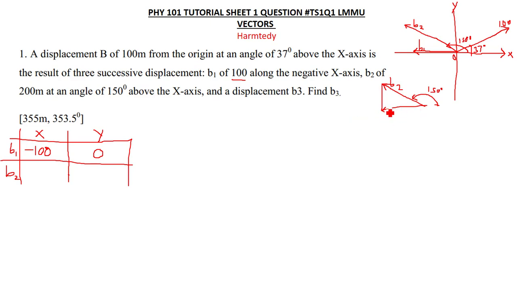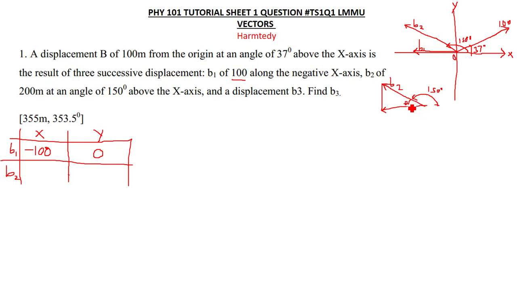According to SOHCAHTOA, if you have theta there, you've been given the hypotenuse, which is B2, and you are trying to find the adjacent to the angle.